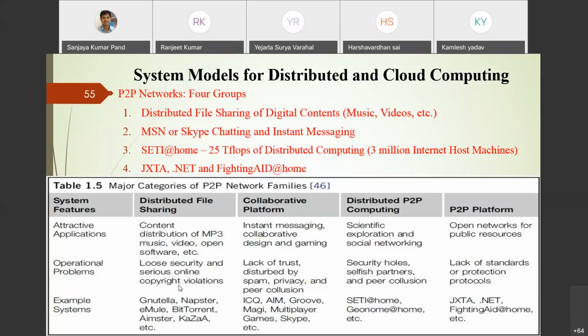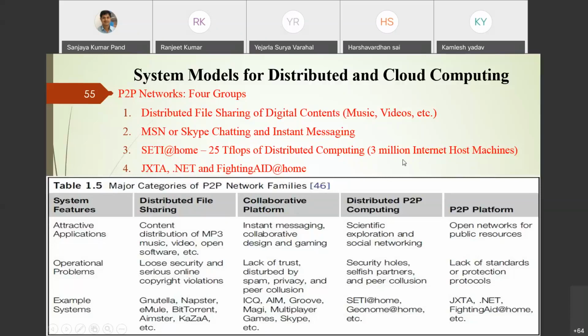A P2P platform is an open network for the public. A very famous project is Fighting AIDS at Home. There is another project in grid computing called Fight Malaria at Home, thanks to the P2P platform, right? See here, SETI at home uses internet host machines.